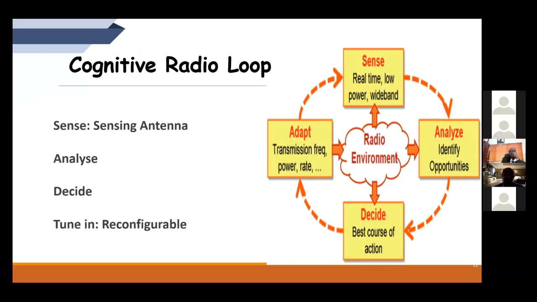It has to, first of all, analyze the condition of that available hole, and a decision is made to say whether that available spectrum hole is good in terms of spectral density, in terms of signal to noise ratio, in terms of interference, and in terms of even any form of attack or bugging. And when that decision is made that that particular spectrum hole is usable, then it configures itself and quickly takes that particular spectrum and begins to deliver service.